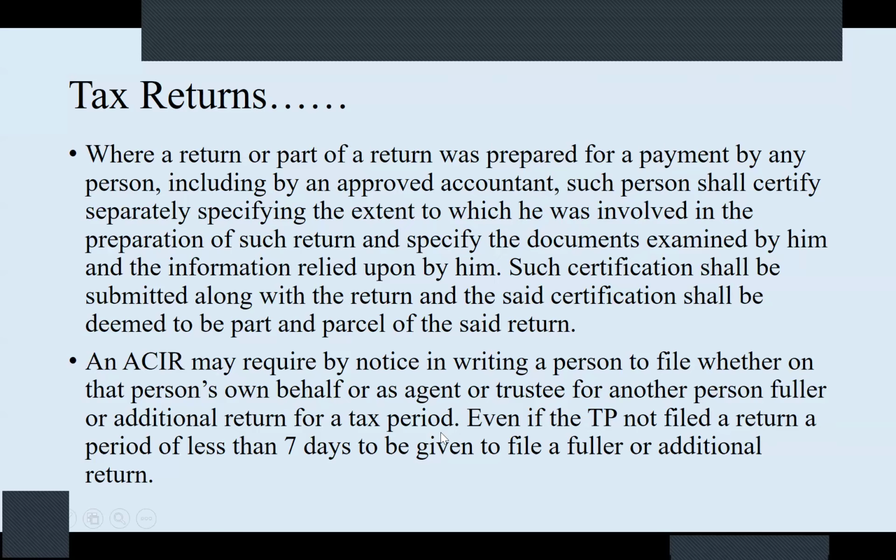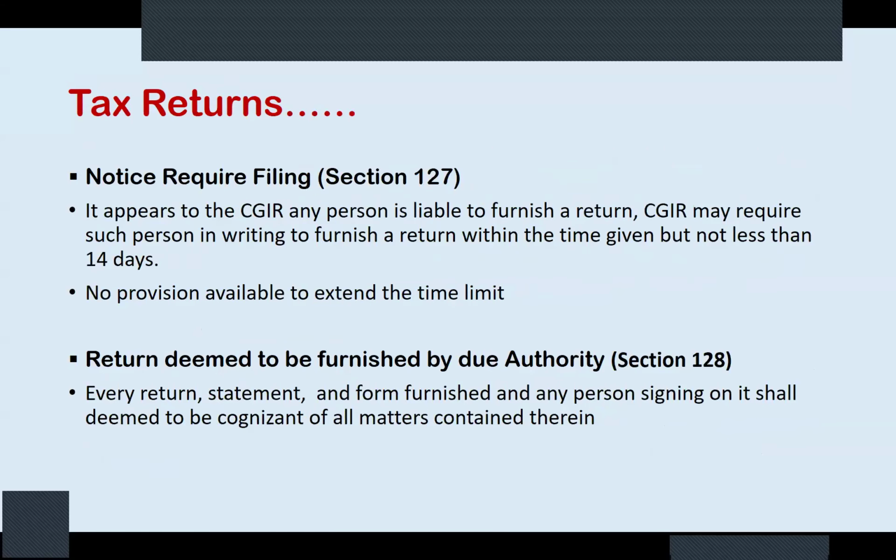Then only do we consider it as a tax return submitted. If they have not submitted their tax return by the filing date, the Commissioner General will inform them to submit the return as soon as possible. If it is not submitted, legal action can be taken.